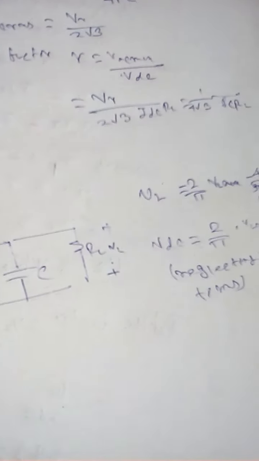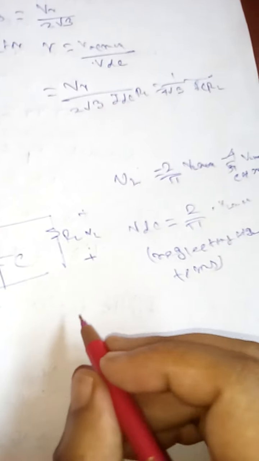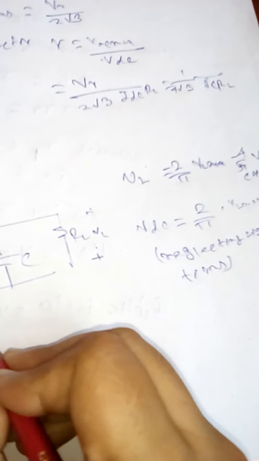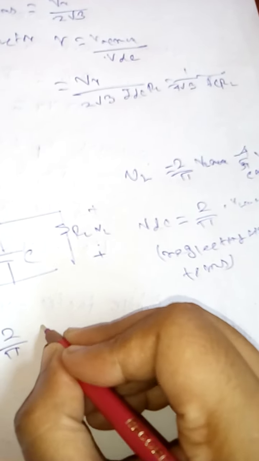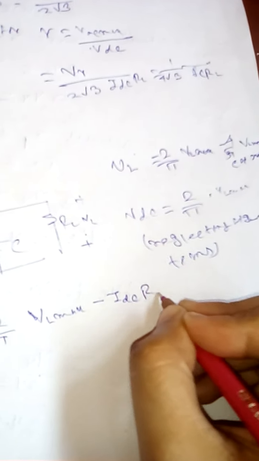Considering the choke resistance RC, we get VDC equal to 2 VL max by pi minus IDC into RC.